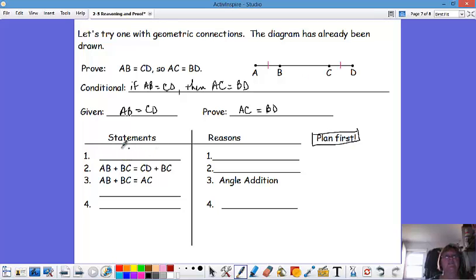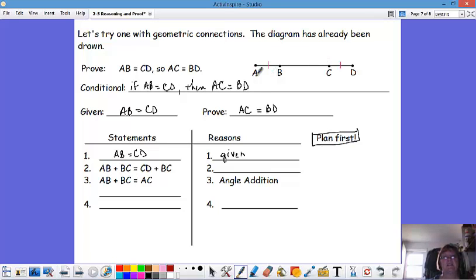The very first statement is almost always to repeat the given information. So AB equals CD, and that was given. And let's look at the statement that this person wrote. Oh yes, AB plus BC. That's here plus here.